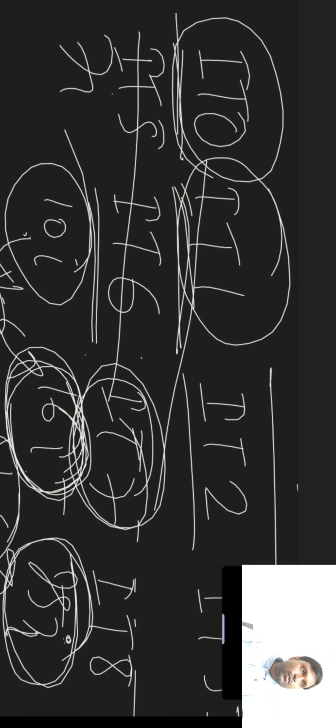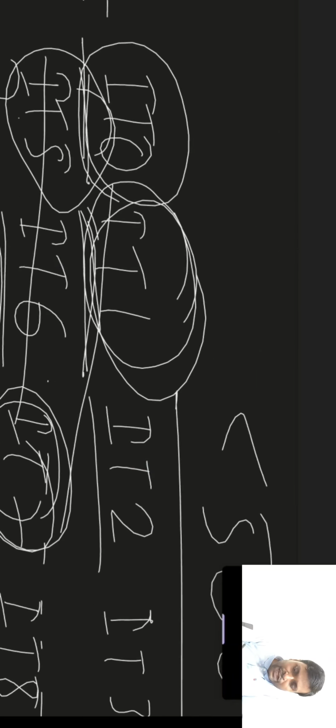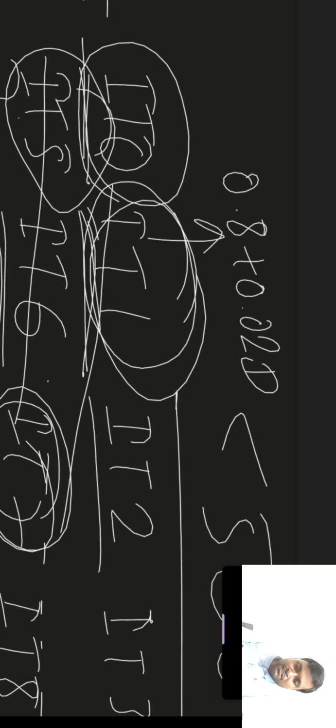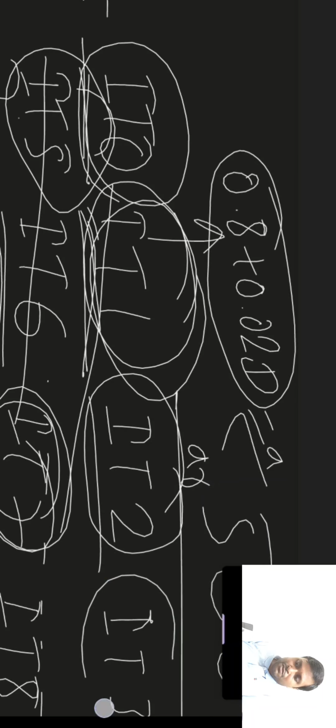So IT 1 to IT 5 are in an exact geometric series. The value of IT 1 is 0.8 plus 0.02 D, and this value is known as A for IT 1. After A, when we move to IT 2, its value is A times R. IT 3 value is A times R squared.